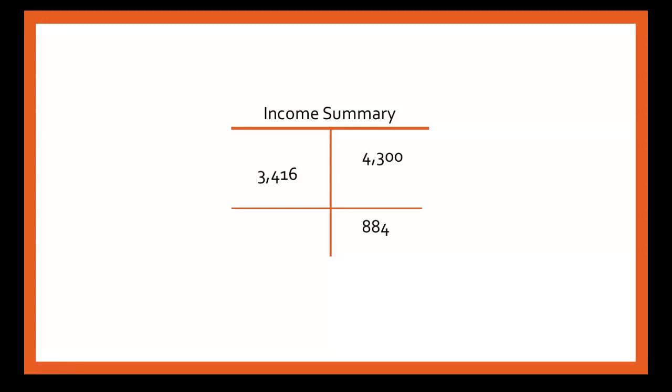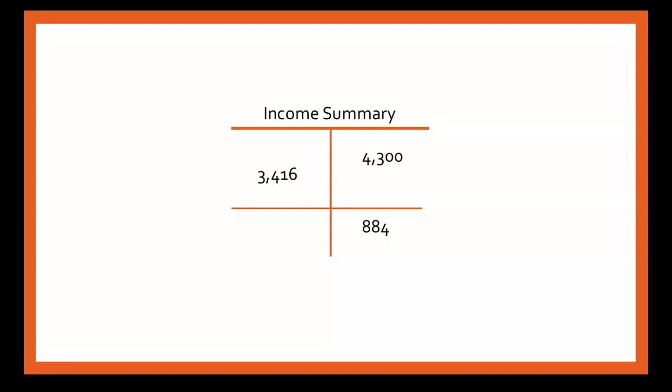So that means that we currently have a credit balance of $884, right? We take the $4,300 minus the $3,416 to find that balance. That $884 is your net income, because what we did was we just took our revenues of $4,300 and subtracted our total expenses of $3,416 to get that $884 number.